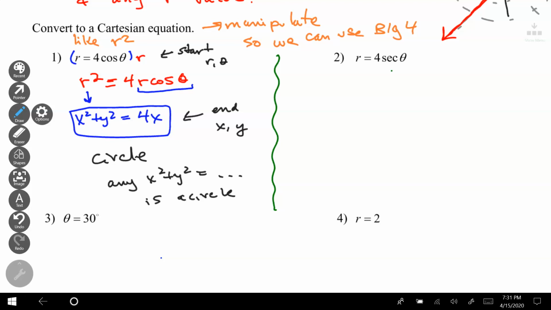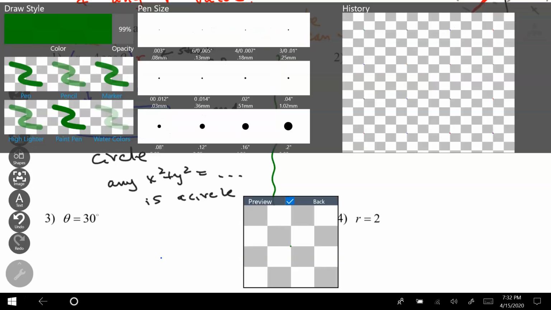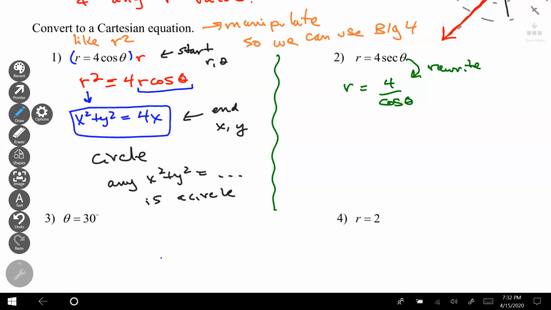Okay, this next problem, I have 4 secant theta. There's no substitution for that, so what I can do is rewrite it as r equals 4 over cosine theta. And then I can use algebra and multiply both sides by cosine theta.